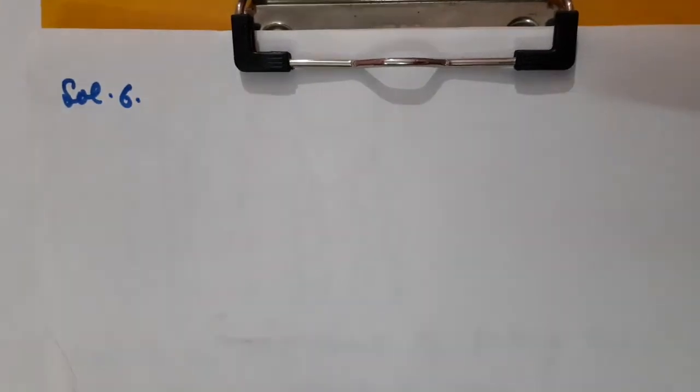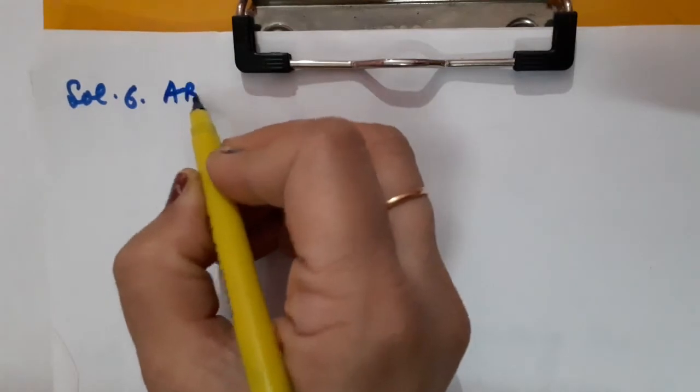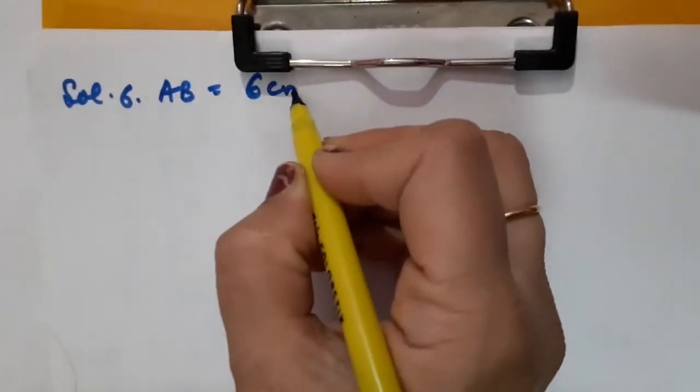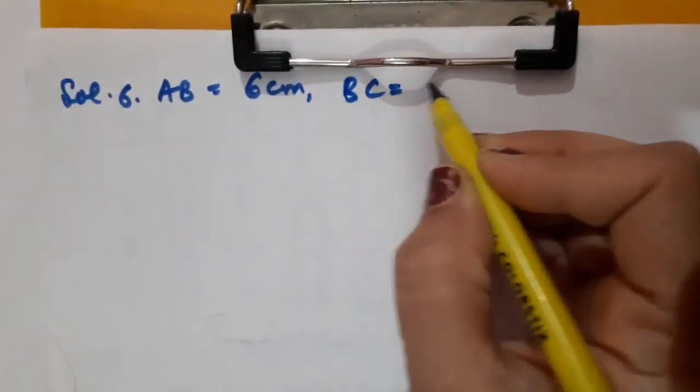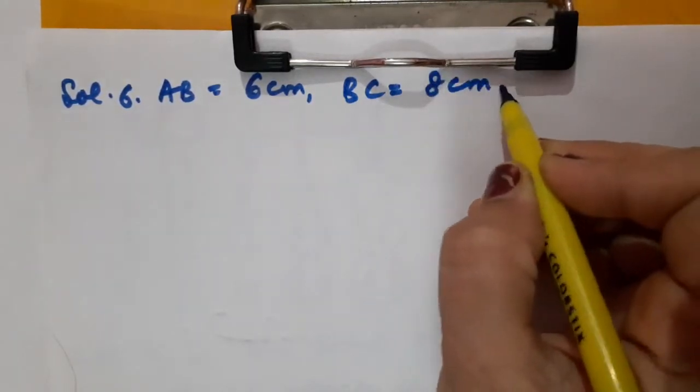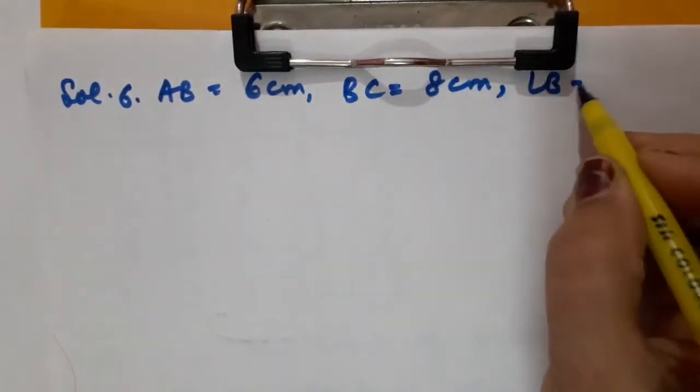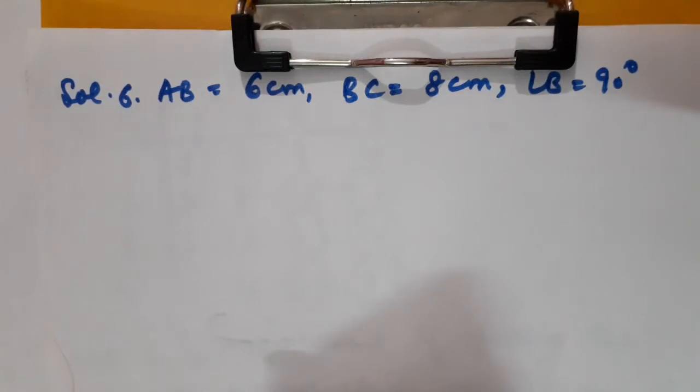So I am going to switch to solution number 6. The statement of sixth question is, let ABC be a right angled triangle in which AB is equal to 6 centimeter, BC is equal to 8 centimeters, angle B is equal to 90 degree.